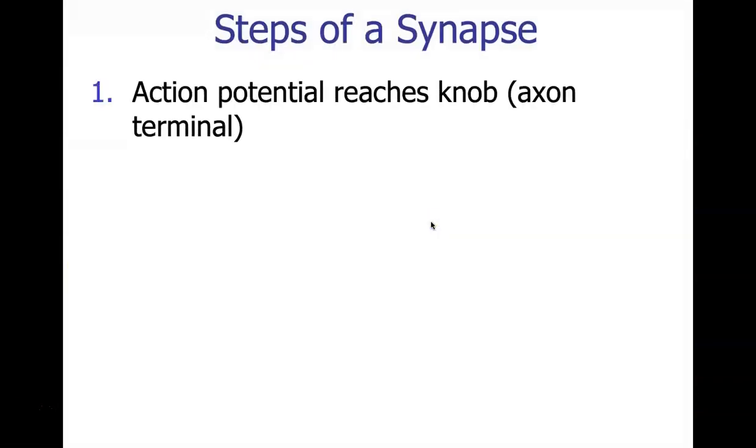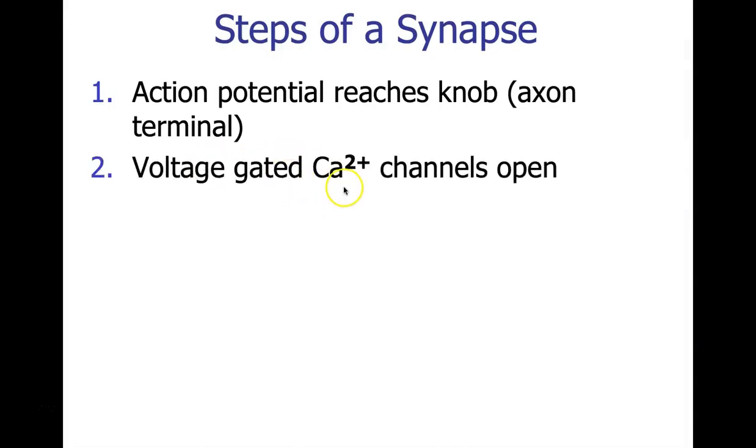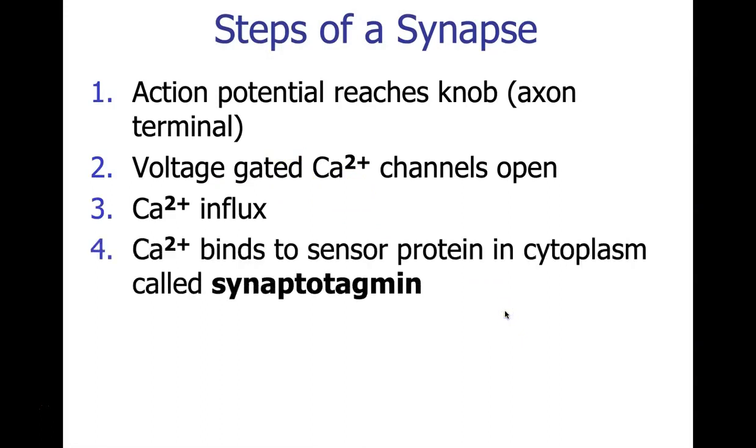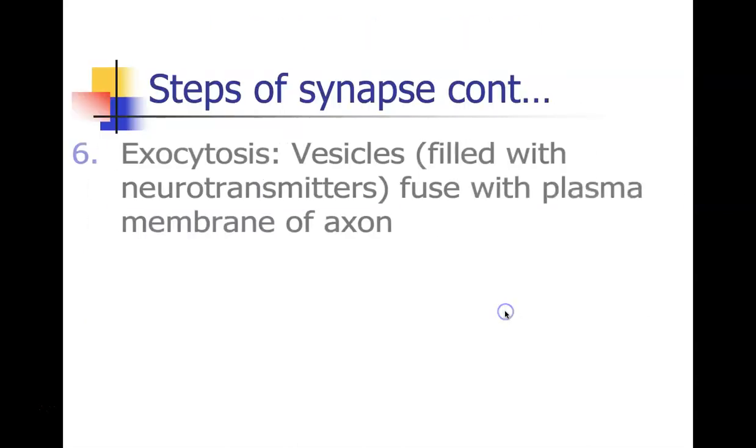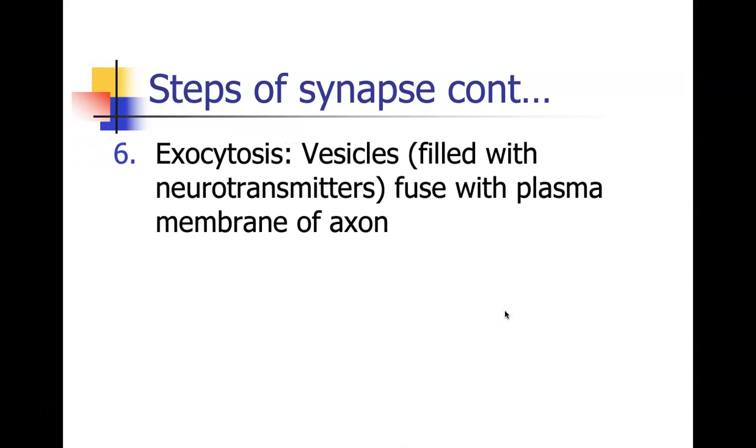Okay, so again, showing it to you in words, action potential reaches the knob, voltage-gated calcium channels open, calcium comes into the cell, and binds to the sensor protein in the cytoplasm called a synaptotagmin. The calcium synaptotagmin complex releases the snare proteins that hold the synaptic vesicles in place, and exocytosis can occur.